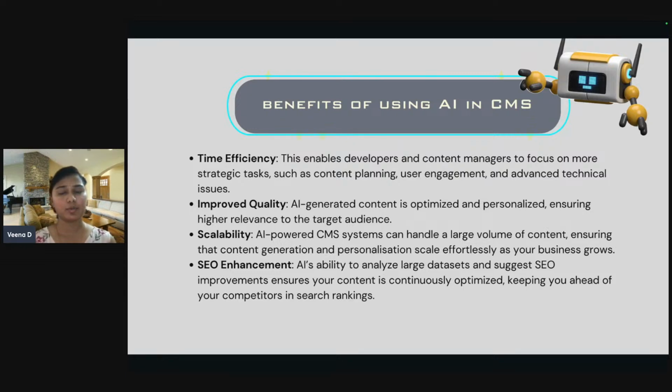It can analyze large data sets, and it ensures the content is continuously optimized, keeping you ahead of your competitors. This is very important when it comes to business. Using the right keywords, you stand out of the crowd.